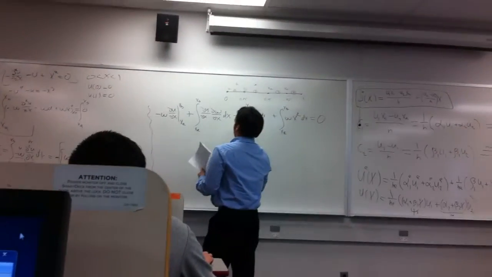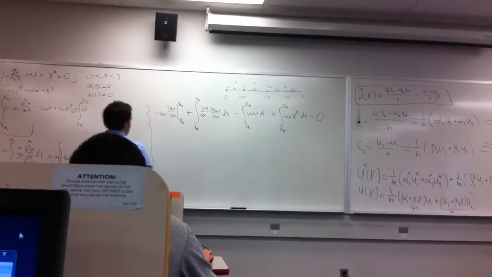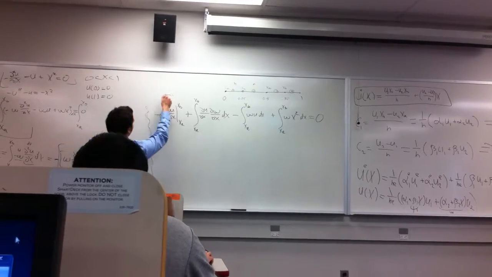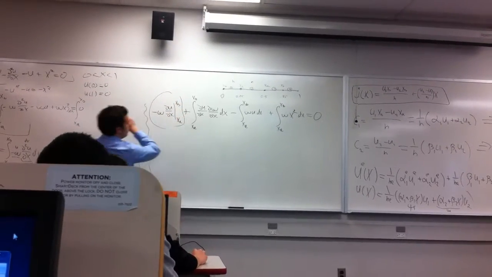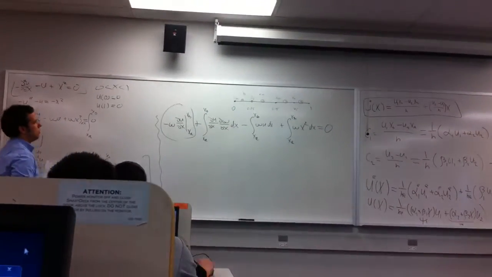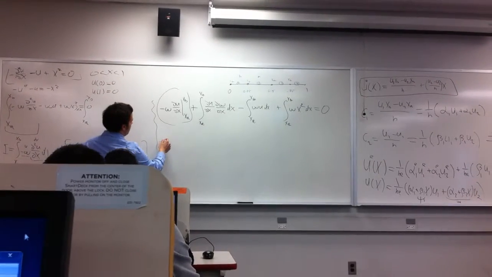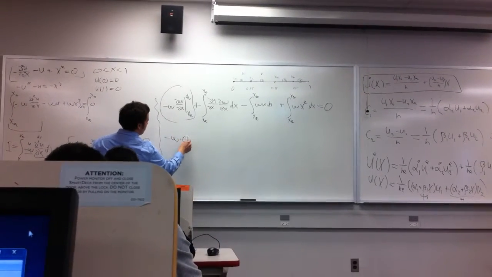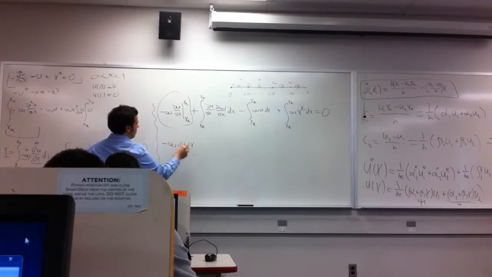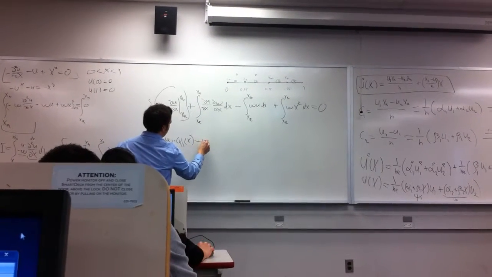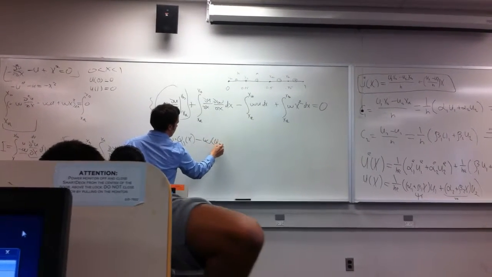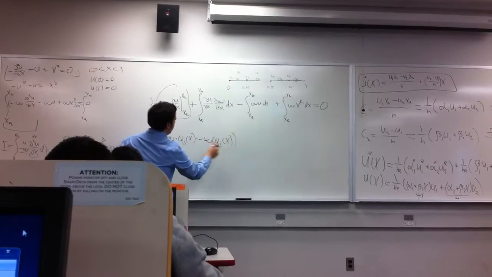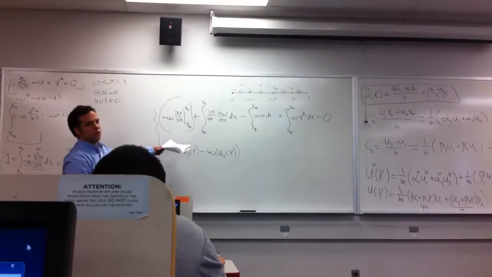Now, this term right here can be rewritten as negative W times Q1 of X minus W Q2 of X. Again, you can rewrite this. You can make definitions.